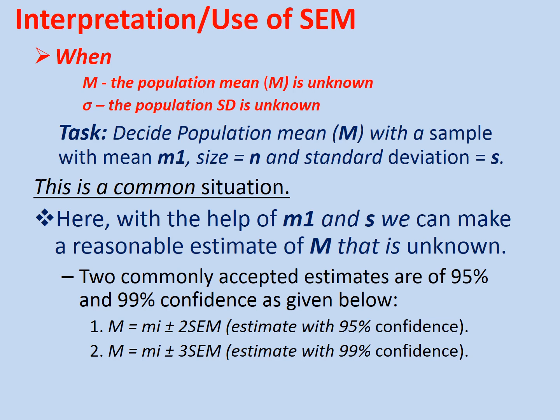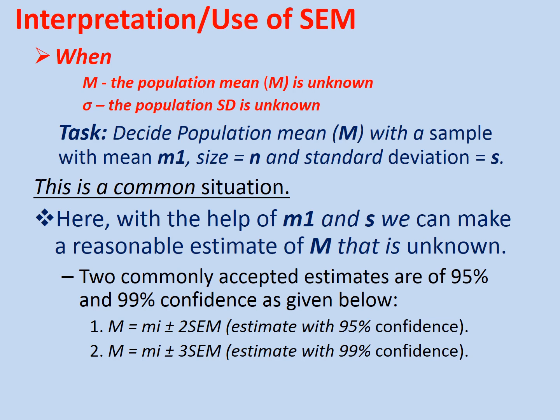Okay, so with the help of M1, the sample mean, and S, the sample standard deviation, we can make a reasonable estimate of the population mean that is unknown to us. Two commonly accepted estimates are related to the confidence limit, that is the 95% confidence limit or the 99% confidence limit.